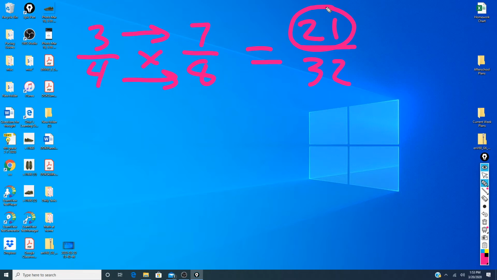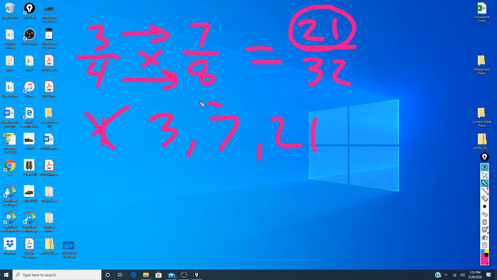Well, what are the factors of 21, excluding 1? Factors of 21 are 1, 3, 7, and 21. I believe those are the main factors of 21 that can go evenly into it.